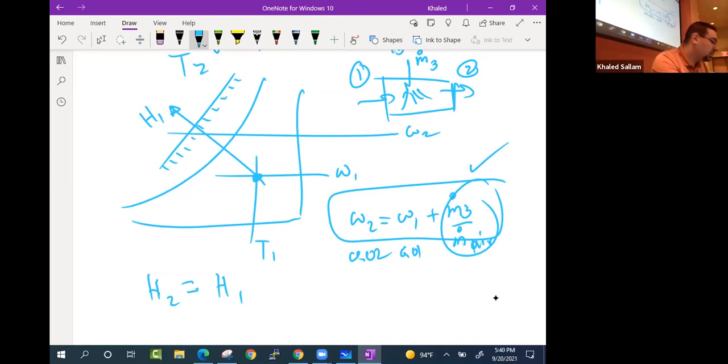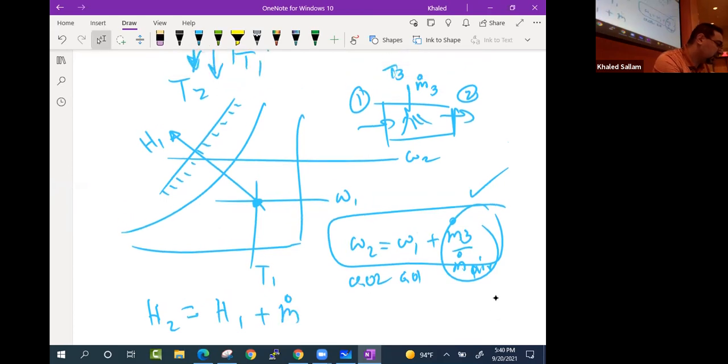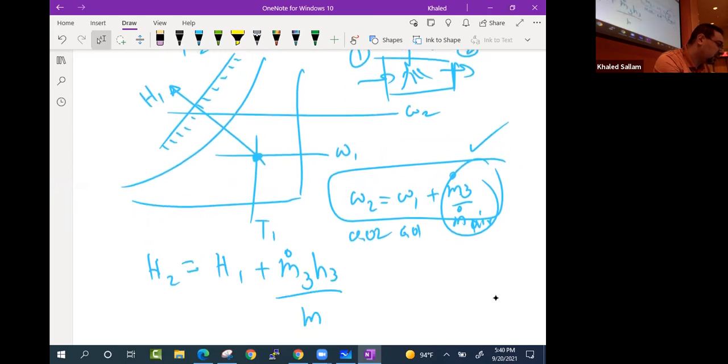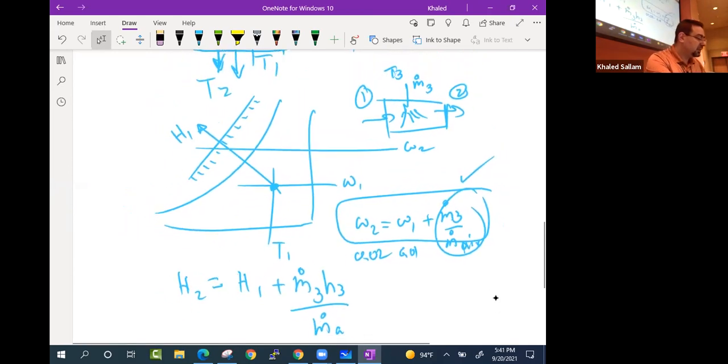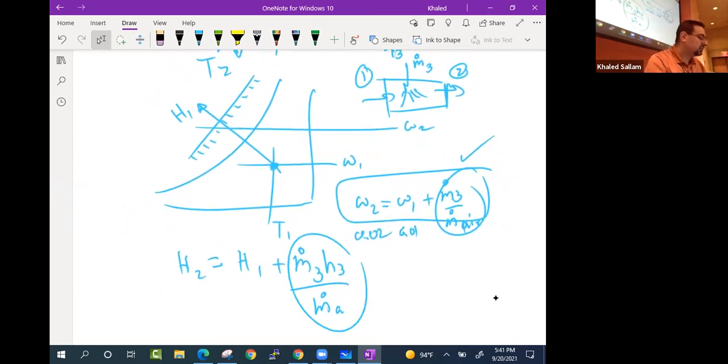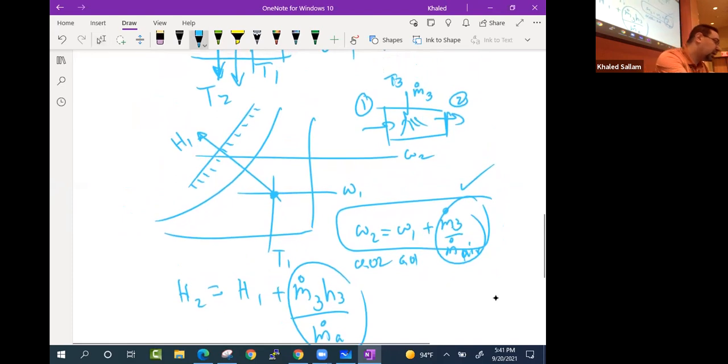What is it? Plus m dot 3 H3 divided by m dot air. That is the extra. So I come here and get my extra enthalpy and draw a line like this. When omega 2 meets this line, that is where we are going. That is state 2.